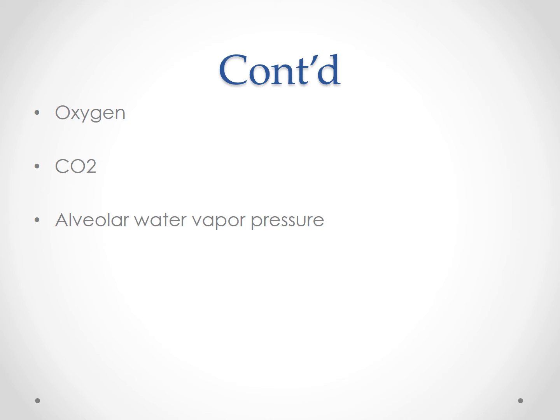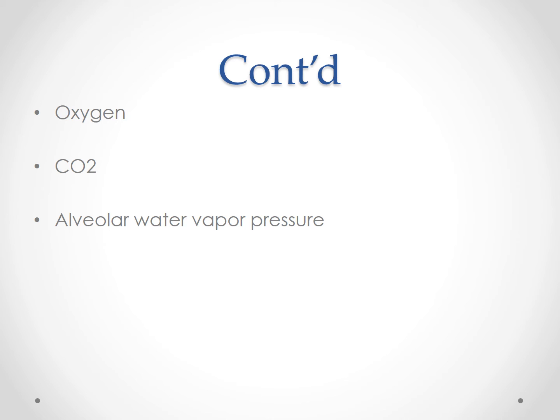It's around 100 millimeters by the time it gets to our alveoli, because we have the metabolism occurring, we have CO2, we have water vapor pressure, which aren't as high in the atmosphere. So they're all competing against each other and moving those out. So the partial pressure of oxygen in our atmosphere is 159.